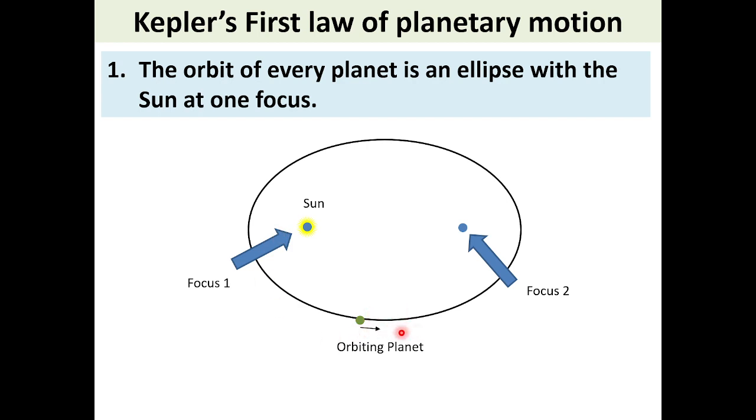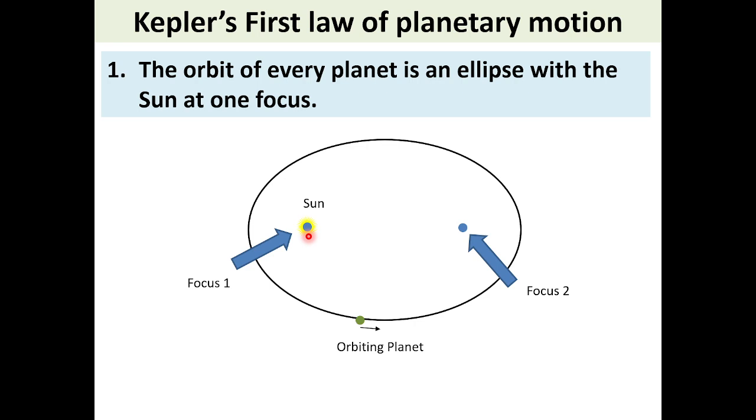I ask my students sometimes, what is here? Some students say, here is another planet. No, it's wrong. There is nothing here, only the focus, only the point, the position.